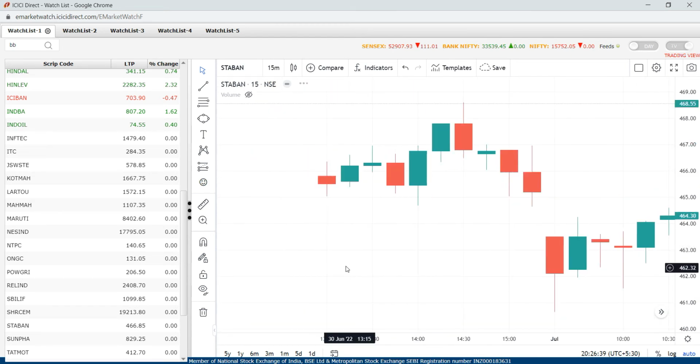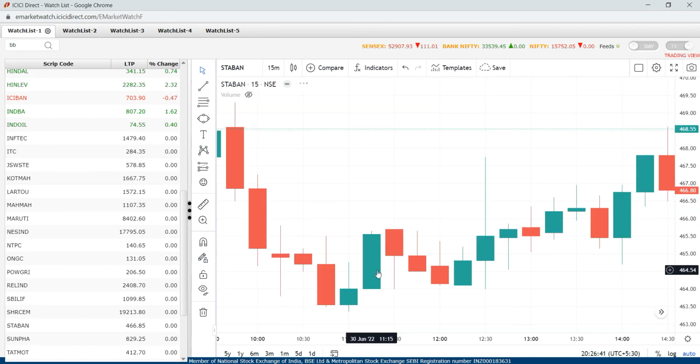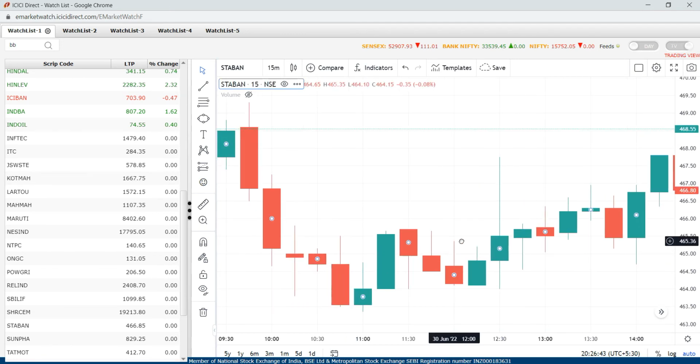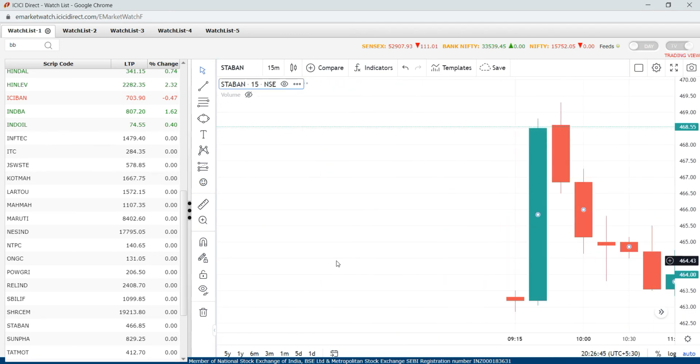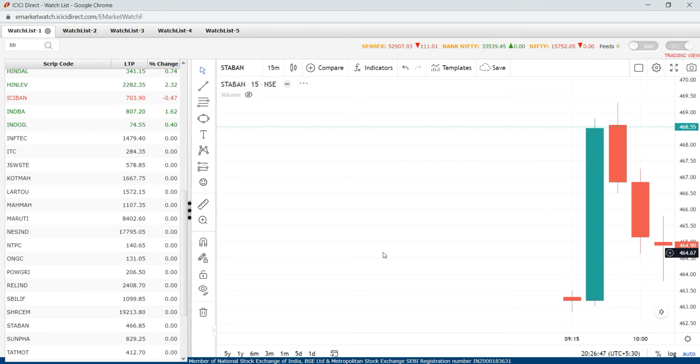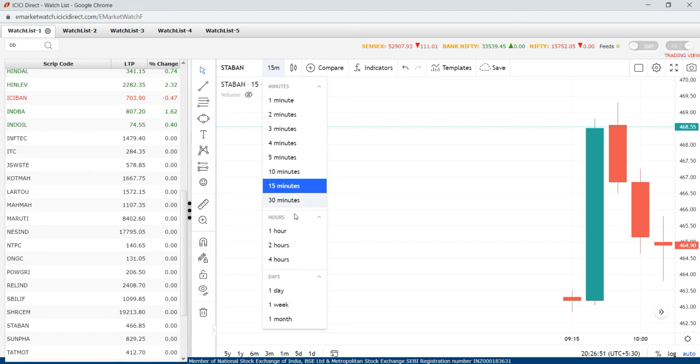So let's see where the morning star is formed in this particular chart.